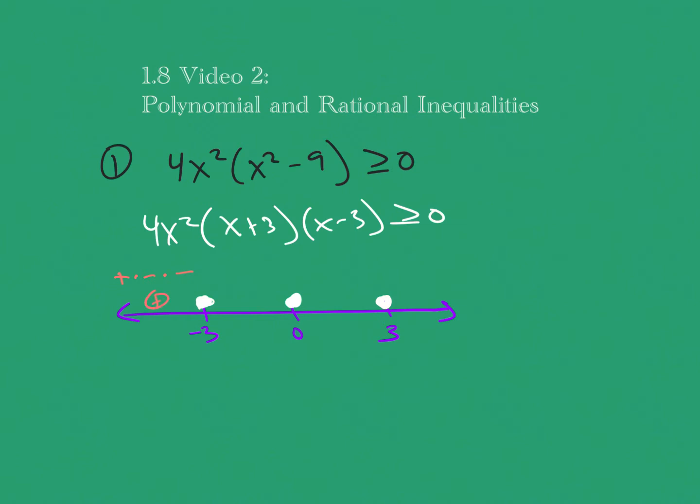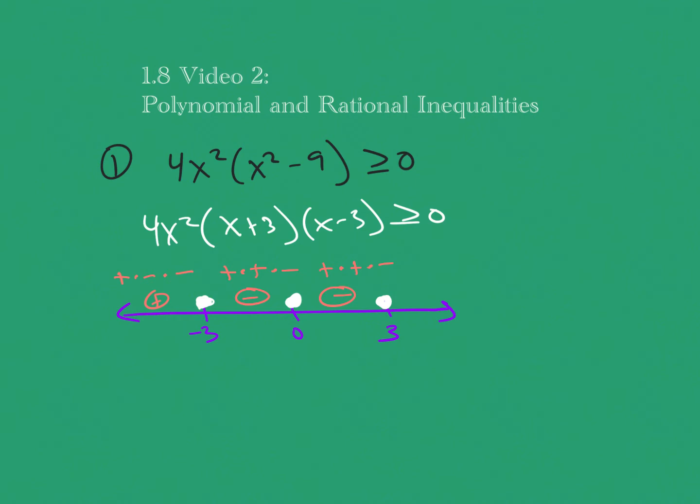Then if I tried something like -2, the x squared is always going to be positive. -2 makes this factor positive still, but the -2 minus 3 is negative, so this section's going to be negative. Then if I pick something like +2 for my third section, I'm still going to get positive for the x squared, but this one's still negative, and so I'm still negative there.